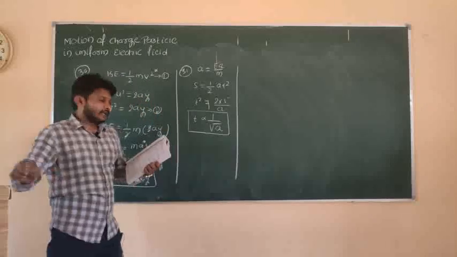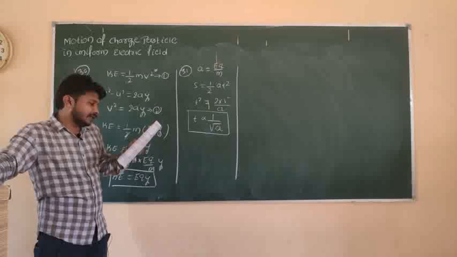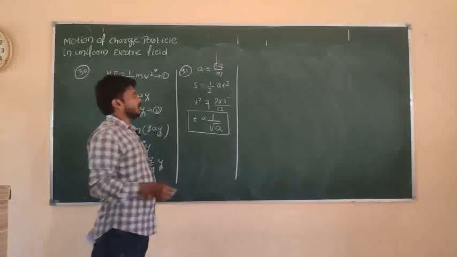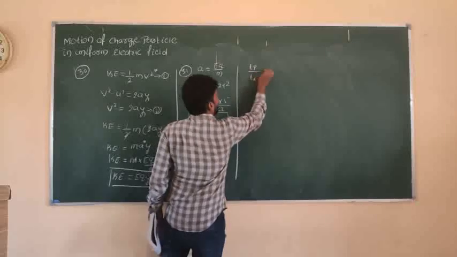Then let me solve that. What is the ratio of time of flight in the case of proton and alpha particle? So the time of flight for proton and alpha particle.